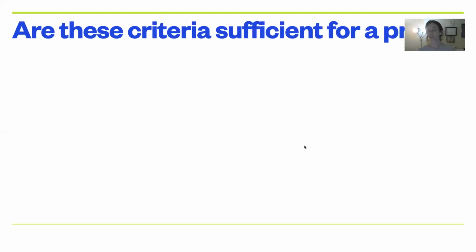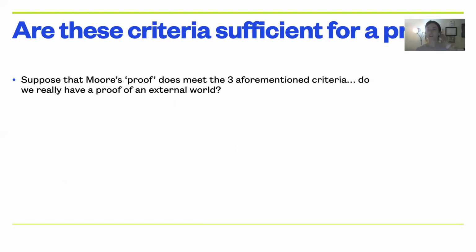So now we might ask, are these criteria sufficient for a proof? In other words, suppose those three criteria we saw are all met. Is there anything further that Moore had to do in order to genuinely give us a proof of an external world? And I suspect a lot of you might feel like Moore is playing a sort of joke on us, like he's trolling us or something like that, because it's just kind of silly.